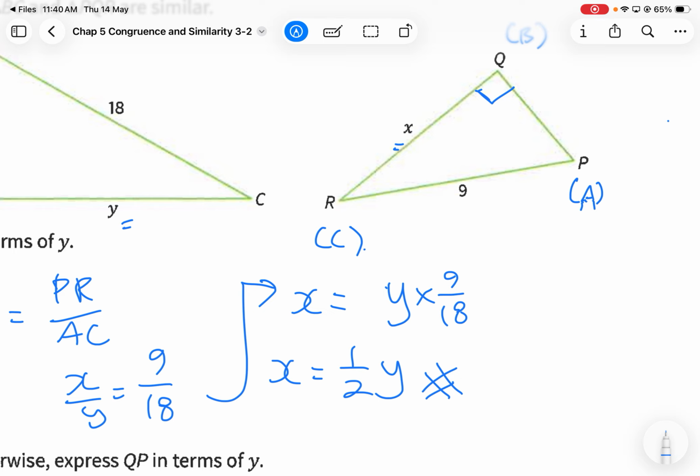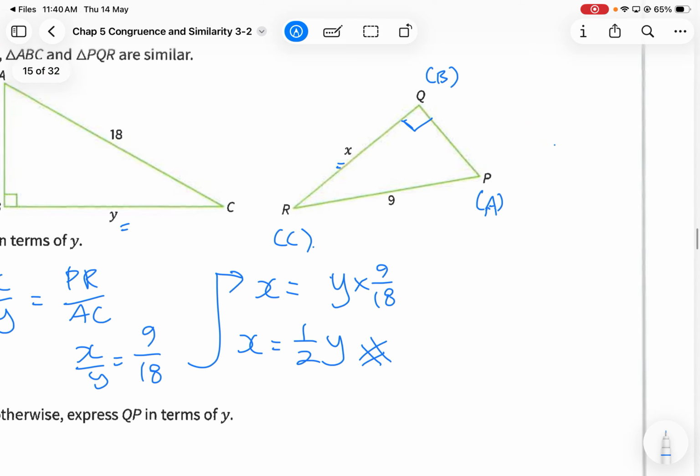Then how can I link QP with X? I have a right angle triangle. I want to link QP to 9 to X. I can link them through Pythagoras theorem. Pythagoras theorem is the relationship between the three sides of a right angle triangle.